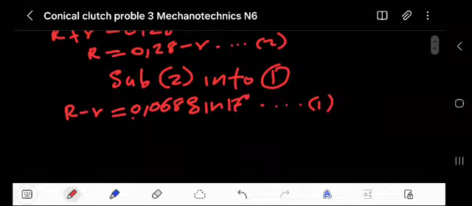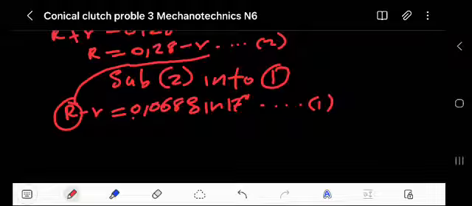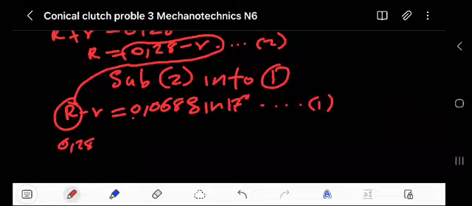Where we see R will be replaced by the whole of this, so we'll have 0.28 minus R. We have also this minus R again. This will be minus R, the one that we have there.